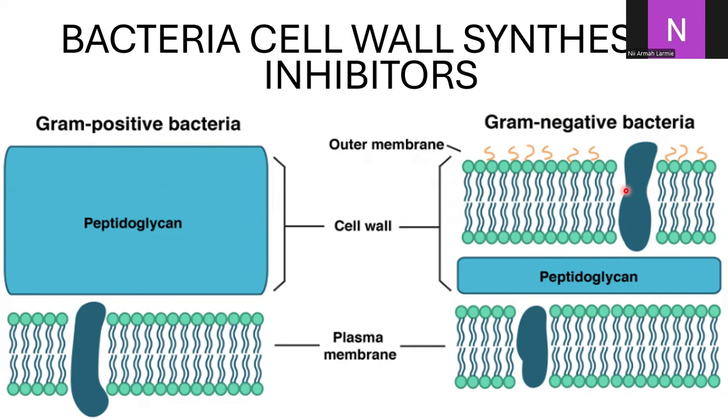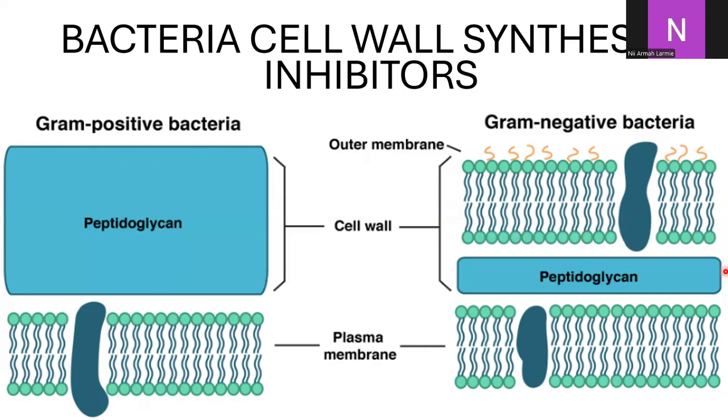Now, here's the interesting thing. The medications that we see as cell wall synthesis inhibitors target peptidoglycan. They may target it in different ways, but since peptidoglycan is an integral part of the bacterial cell wall, targeting its synthesis is how our drugs work. That's why we call them cell wall synthesis inhibitors.